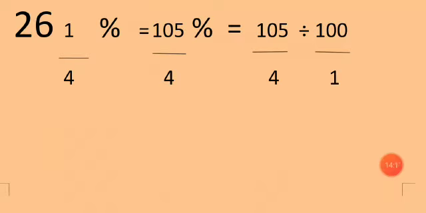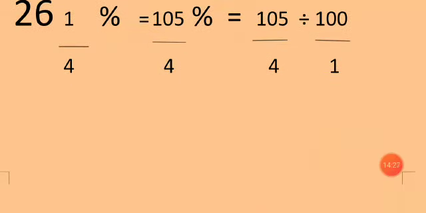Just the same way we have handled whole numbers and decimals. 105 over 4% means 105 over 4 divided by 100 over 1.